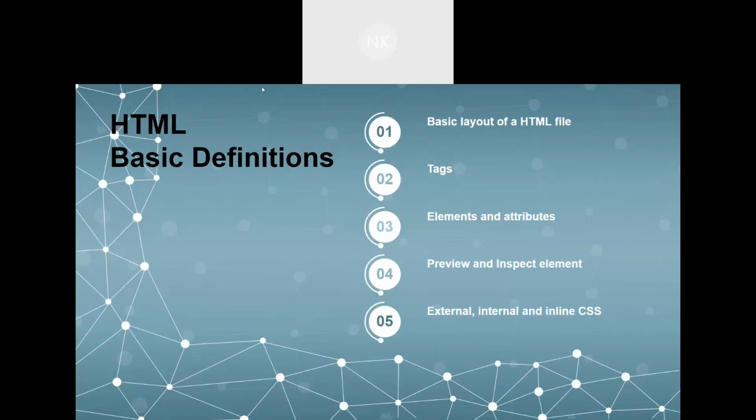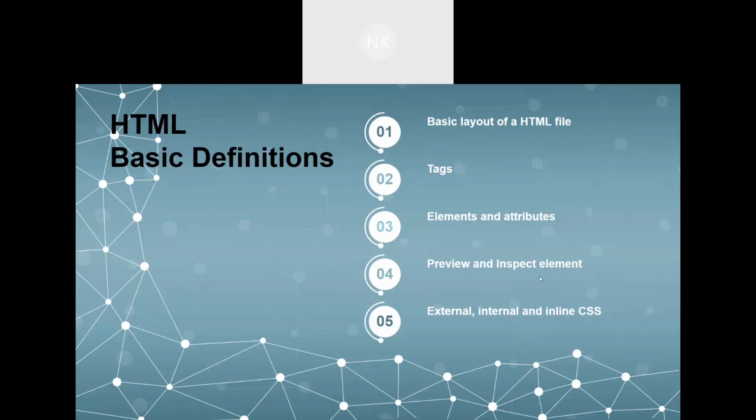We'll guide you through the basic layout of an HTML file, tags in HTML, elements and attributes, and preview and inspect element. This is a nice feature of Google Chrome where you can see how each element is styled on any website. And external, internal, and inline CSS. These are the three types of CSS which we'll deal with as this event progresses.